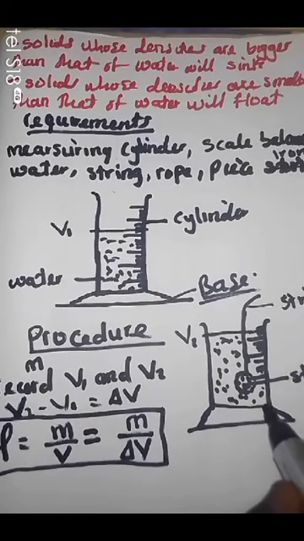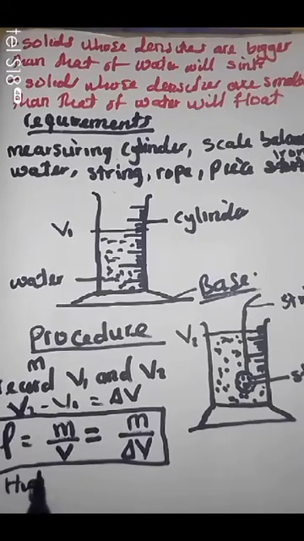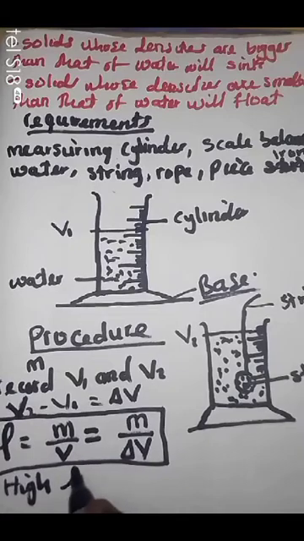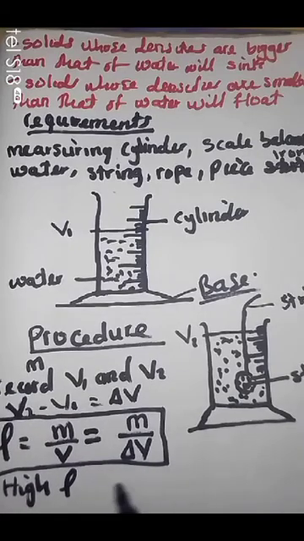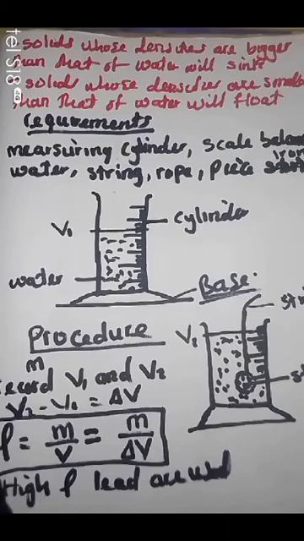Like during radioactive processes, they are used as gamma radiation shields. So you can write that high density materials like lead are used for gamma radiation shields.